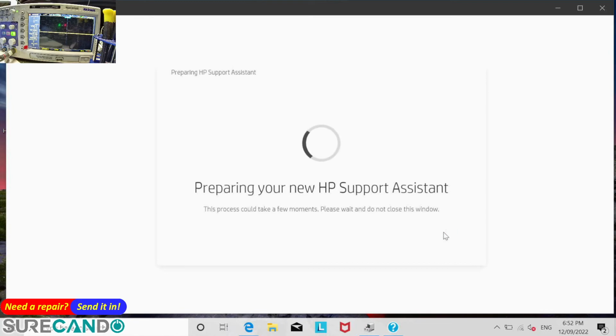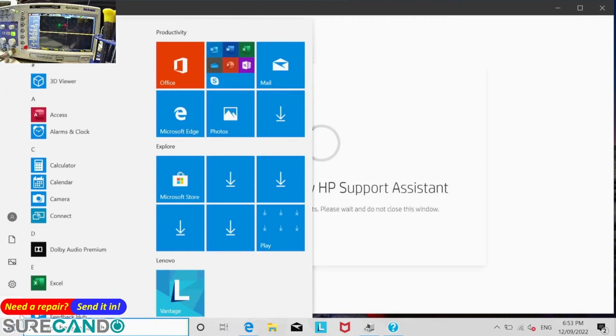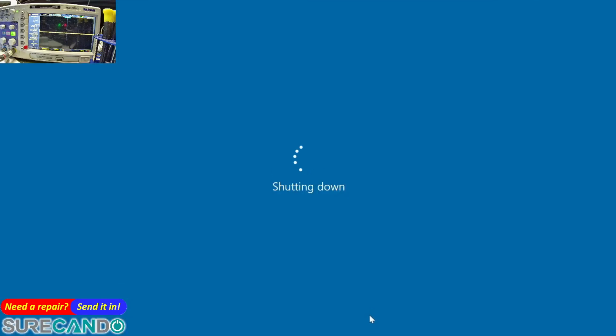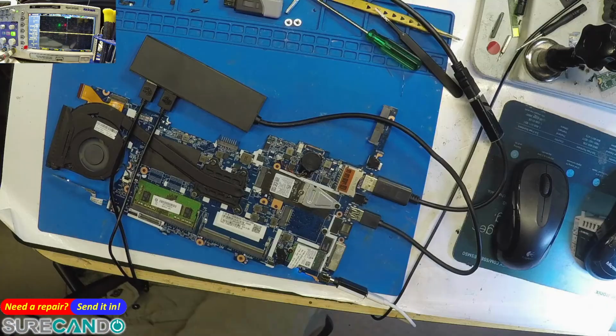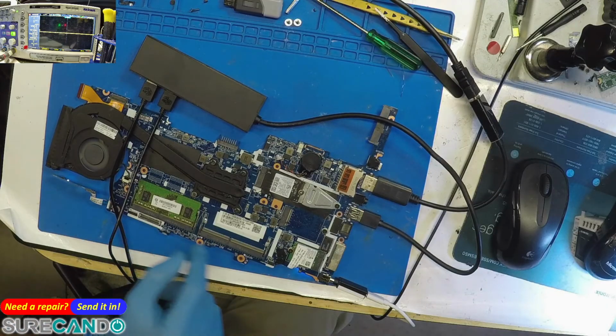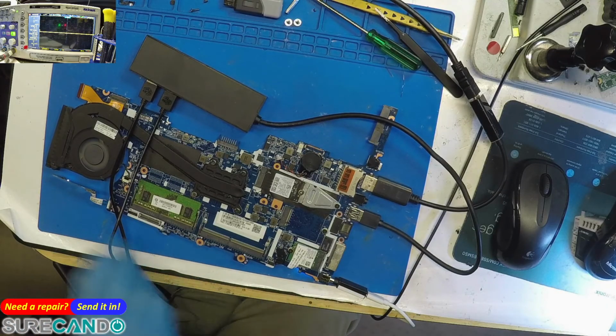Now I'm curious, right? Let's shut this computer down. Where are you? Okay, it's shutting down. Let's wait for it to gracefully shut down.